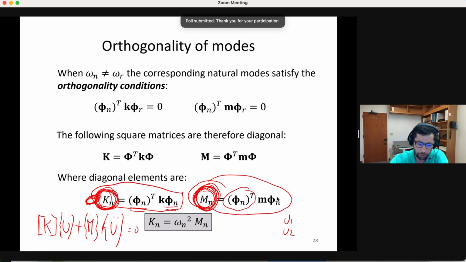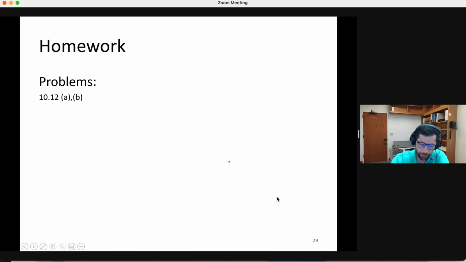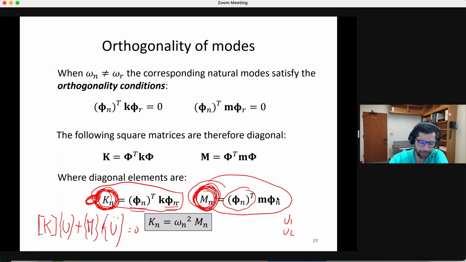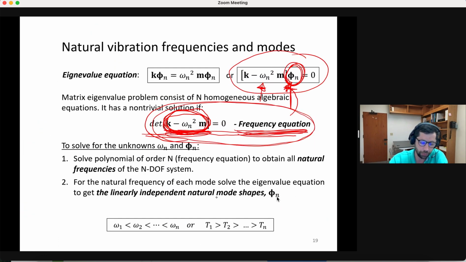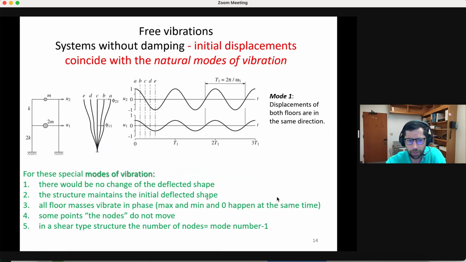Okay. So let's go, the problem which is assigned is a very simple problem. It's basically performing a modal analysis for a simple structure. But let's try to go very briefly over what we have done for today. Before I go over this concept one more time, let me ask you something. Did you see these concepts already in other classes?